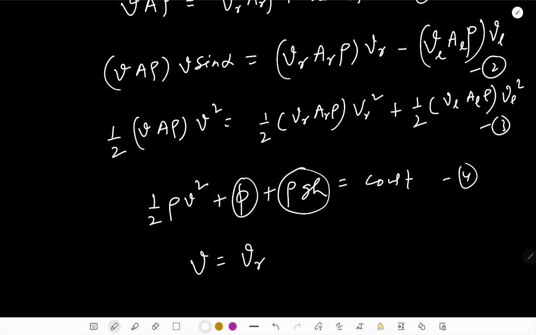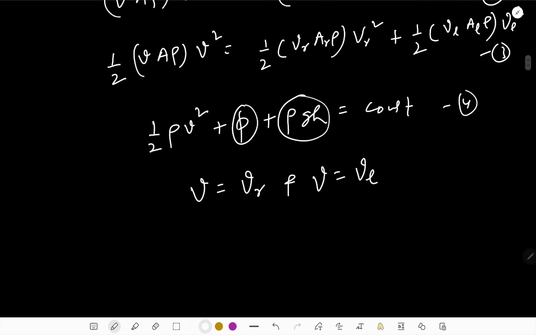In the similar manner, if we apply Bernoulli's theorem to the incoming water jet and the water jet moving towards left, we will also get that V is equal to V_L.